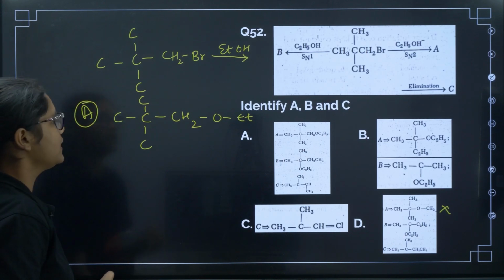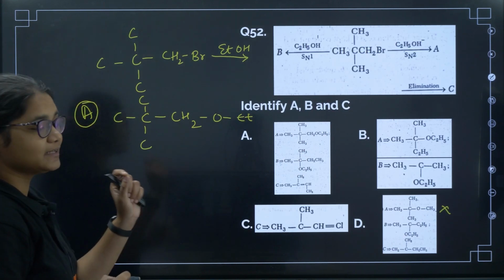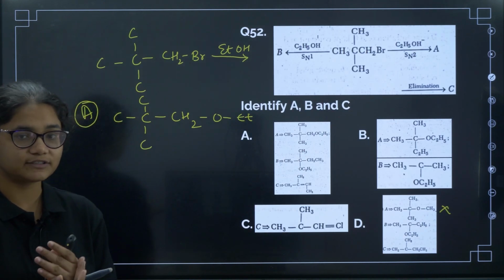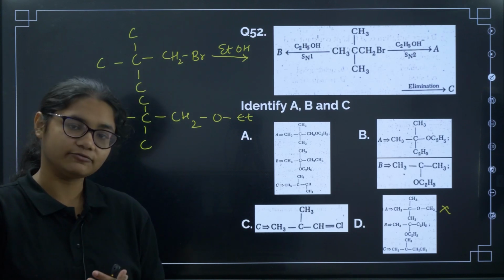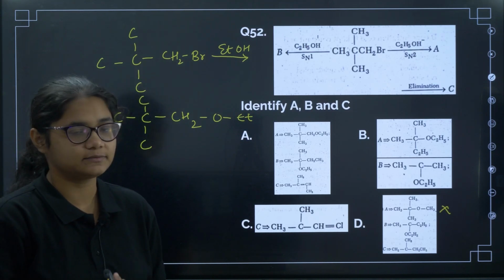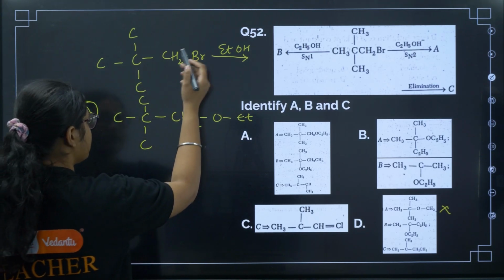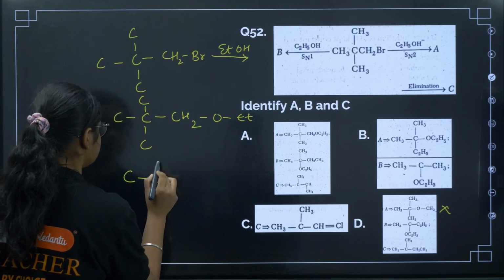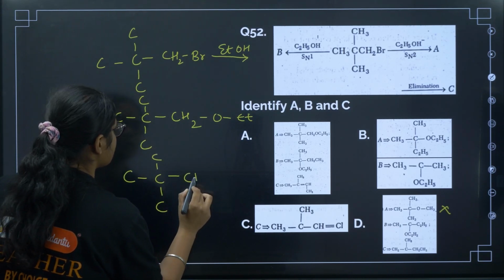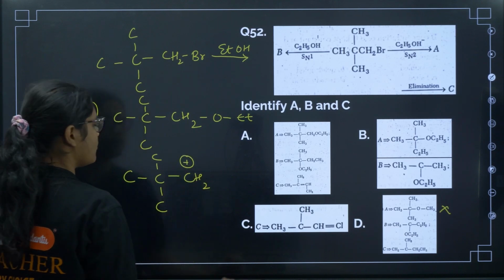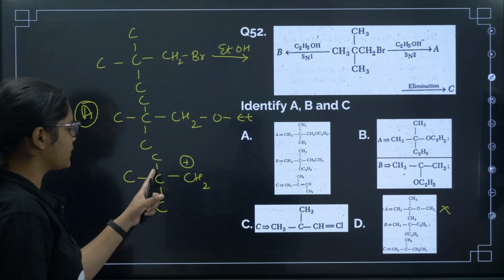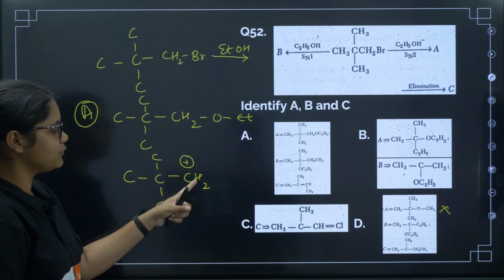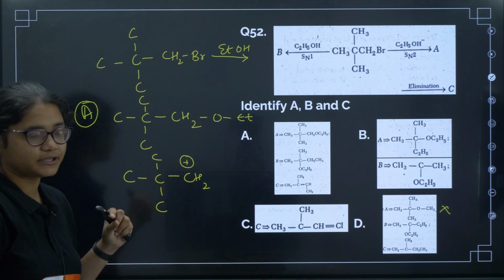Now if you see B, in B what happens? There is SN1 reaction. SN1 reaction follows carbocation formation, so there is a possibility of rearrangement here. So when this Br leaves, I'll draw now for B. The intermediate formed here is C. This is the carbocation formed here, right? Now this carbocation is a primary carbocation, but if we do a methyl shift here, we will get a tertiary carbocation.